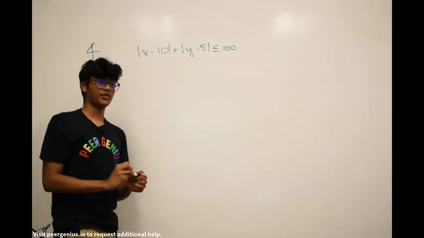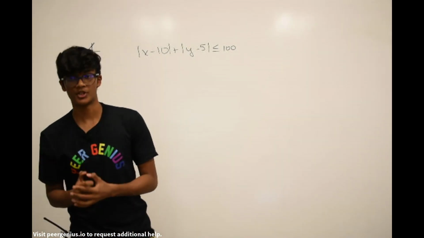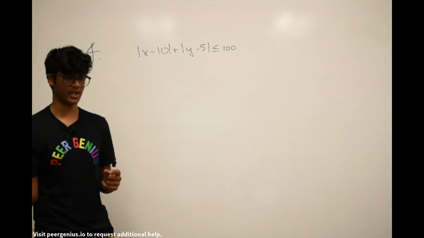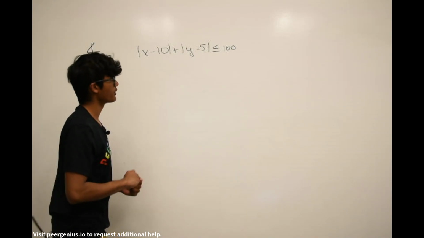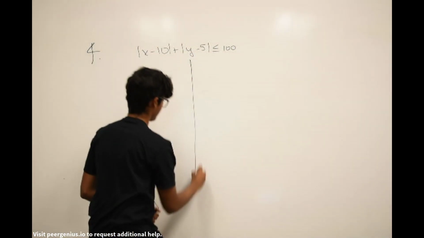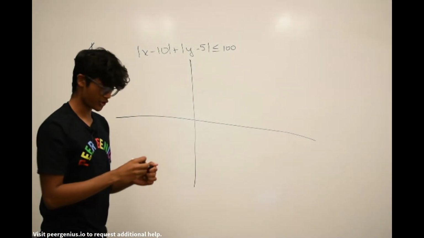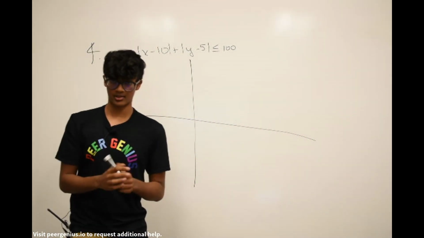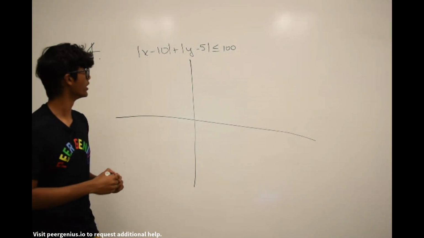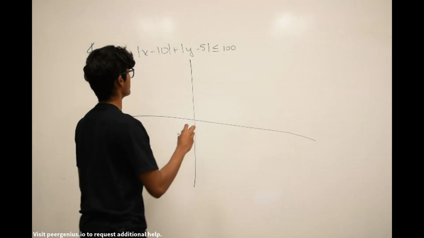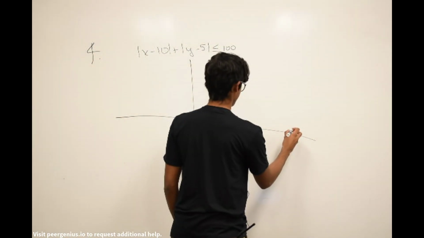For most of these absolute value questions, you're either going to be checking both the positive and the negative case, or you're going to be checking for extreme cases. So you're going to be drawing a graph, and I'm going to plot points to see how the figure would look. When y is 0, the maximum value of x would be 110.